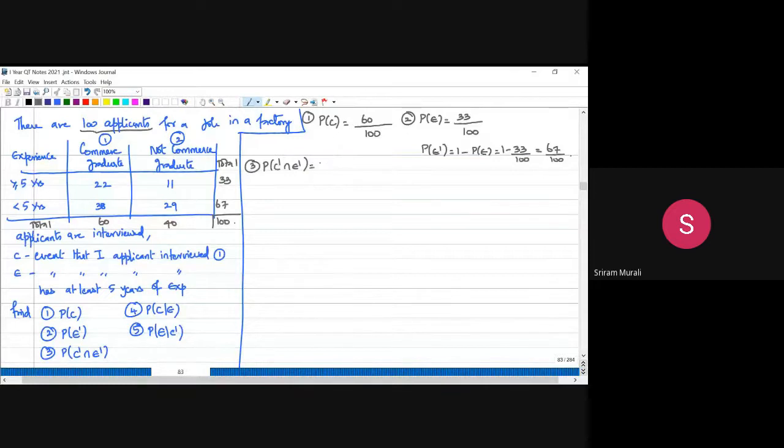By De Morgan's law, it is the complement of C union E. This is equal to 1 minus P of C union E, which is 1 minus P of C plus P of E minus P of C intersection E. Neither a commerce graduate nor having 5 years experience, we can directly say this is 29.